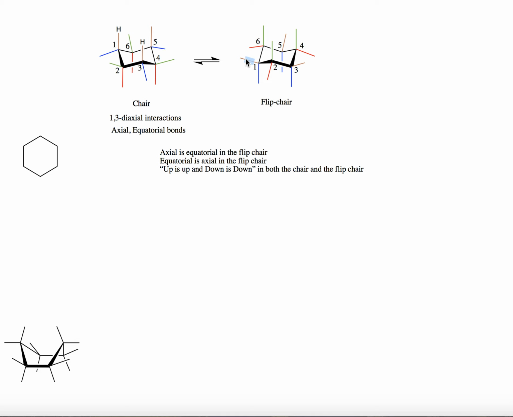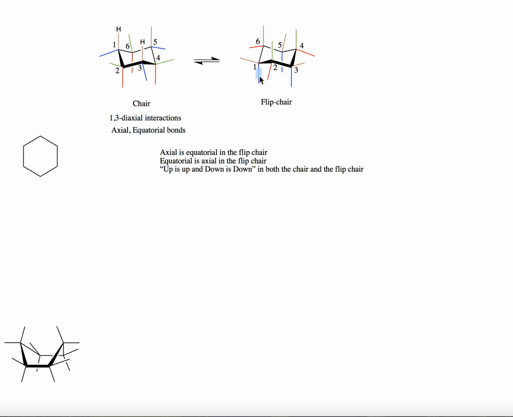However, blue is still below the plane across here. Brown is still above the plane. So you go from axial to equatorial, from equatorial to axial, but up is up and down is always down. That applies for every single carbon in the chair and in the flip chair.